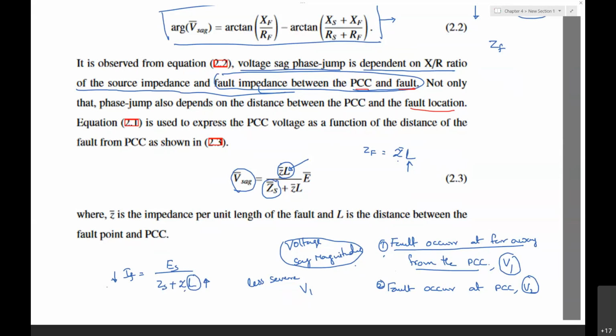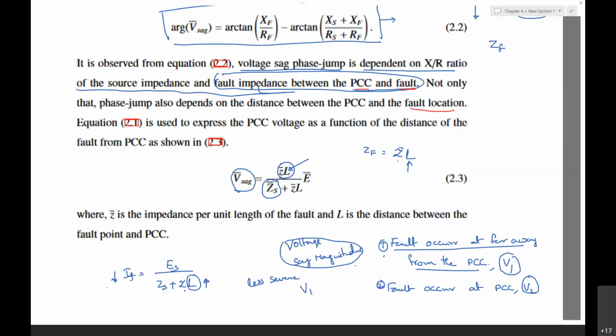Even in a distribution system, suppose the fault occurs at your home. At the distribution transformer, it doesn't have any influence in the magnitude reduction.